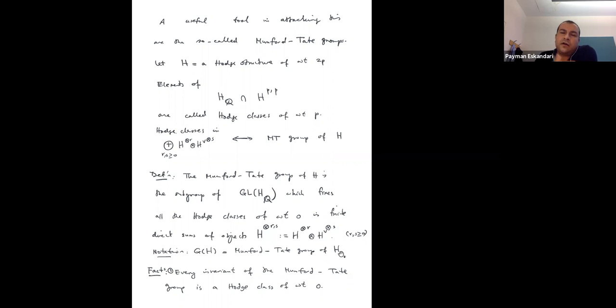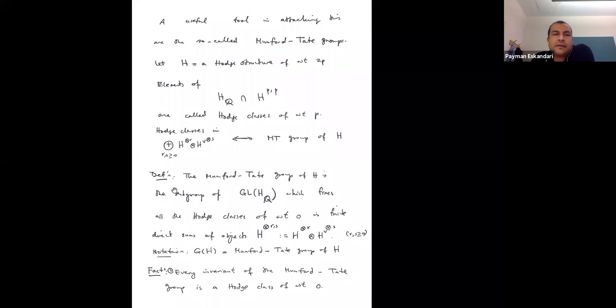The Mumford-Tate group of H is the subgroup of the general linear group that fixes all the Hodge classes of weight 0 in direct sums of such objects. I'm going to denote this Mumford-Tate group of H by G(H).